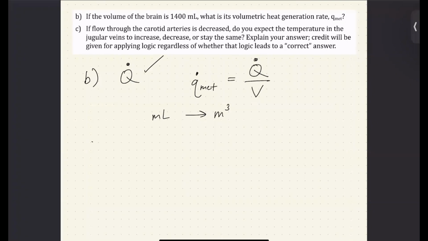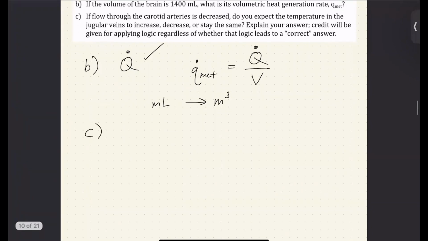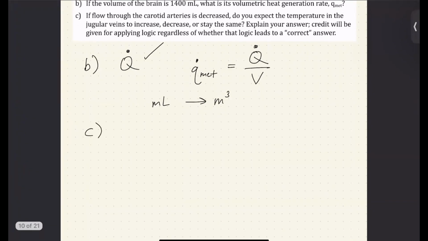And lastly, for part C, it's asking if flow through the carotid arteries is decreased, do you expect the temperature to increase, decrease, or stay the same?